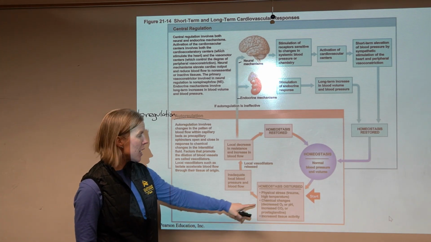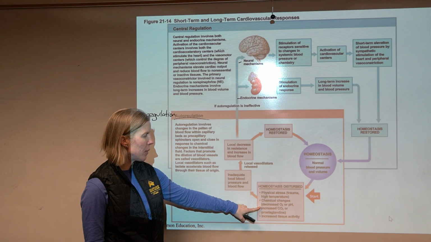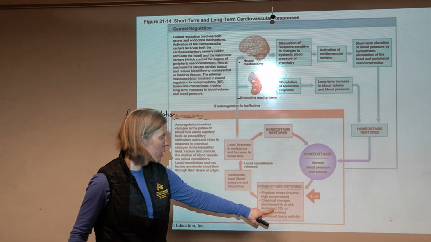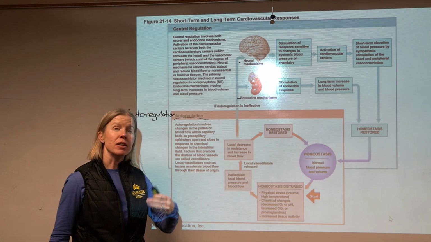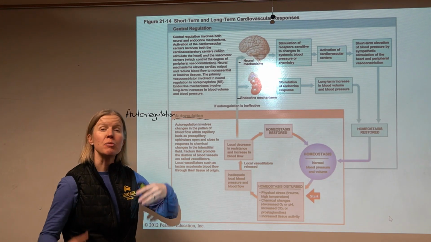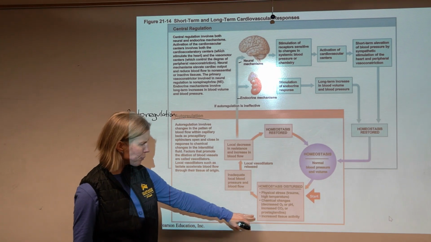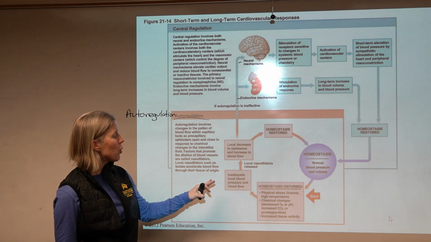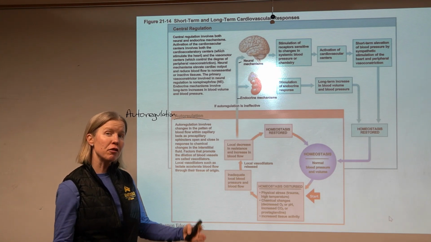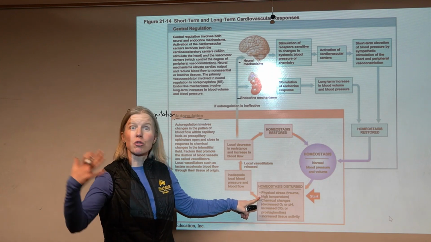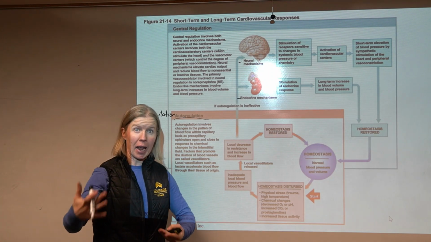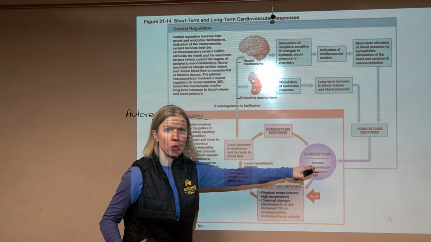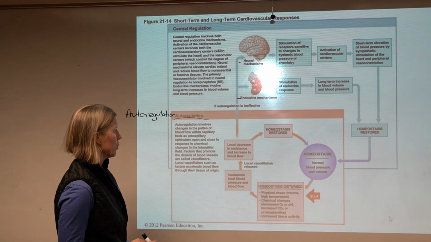Chemical changes, this would be like if you start working out, we're going to see changes, decreases in oxygen and pH, maybe an increase in CO2 level as a result of that increased tissue activity. So if we're not getting enough blood flow because there's been some trauma or even just because we're working out, how can we restore that homeostasis?